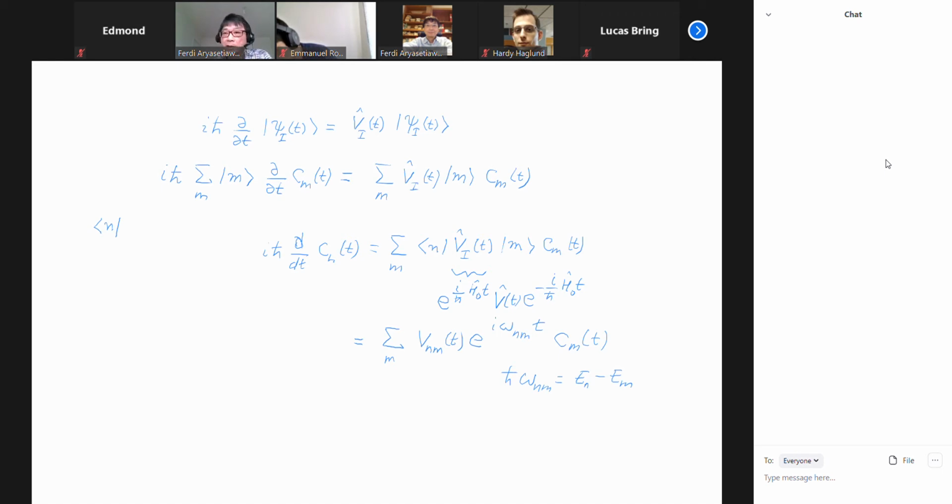So this is it. This is the equation that determines the time-dependent coefficients. If we can solve this, then we know how the state evolves in time under the presence of the time-dependent field. This is a first order differential equation for the coefficients.